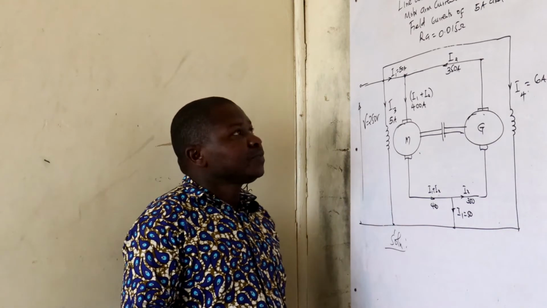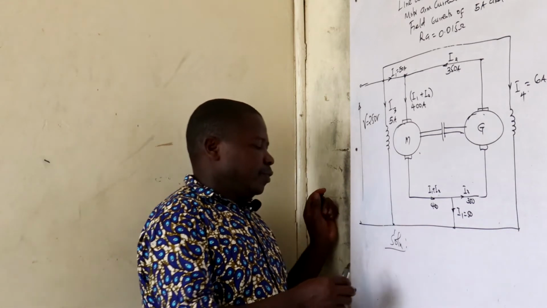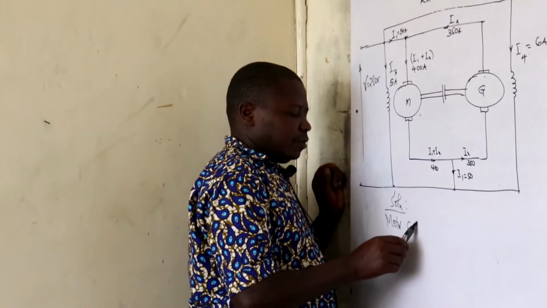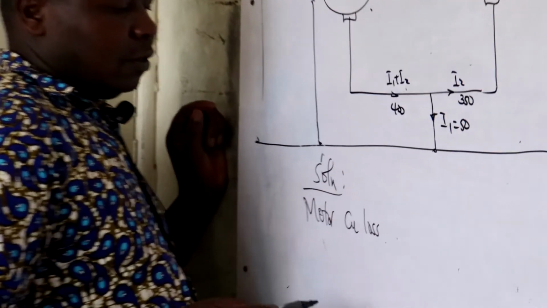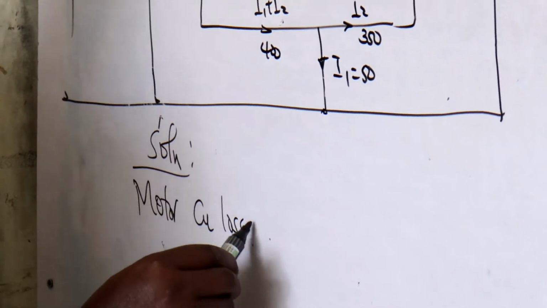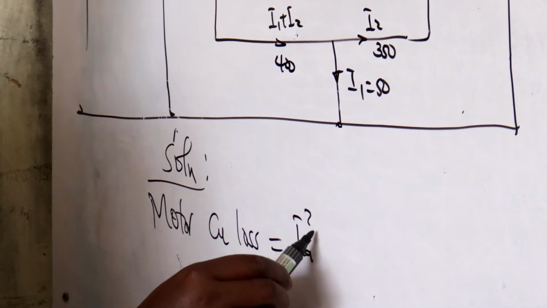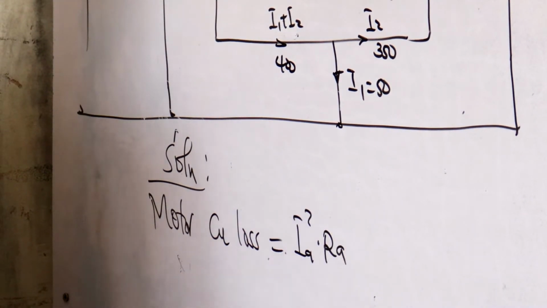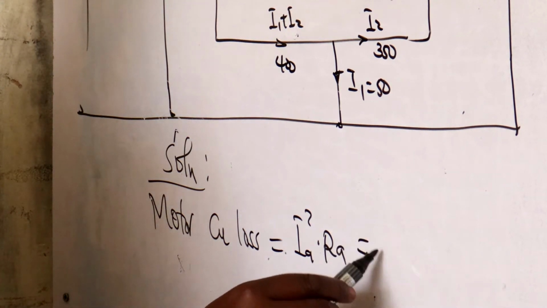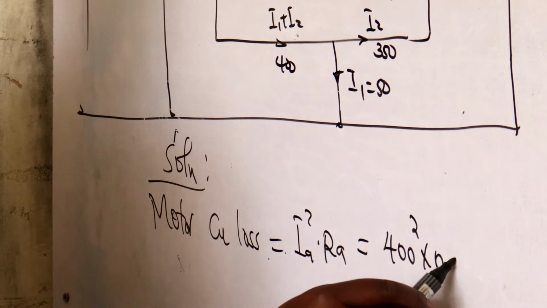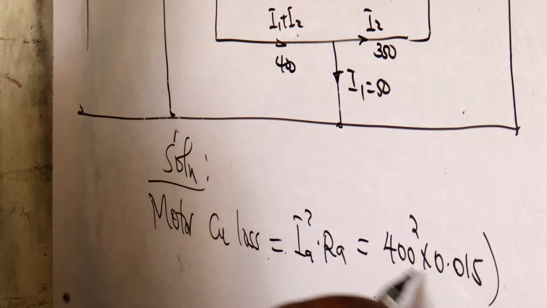Let's get on. We start with the motor copper loss. What will the motor copper loss be? It is the armature current squared times the armature resistance. So what is the current getting in? 400 squared times 0.15.